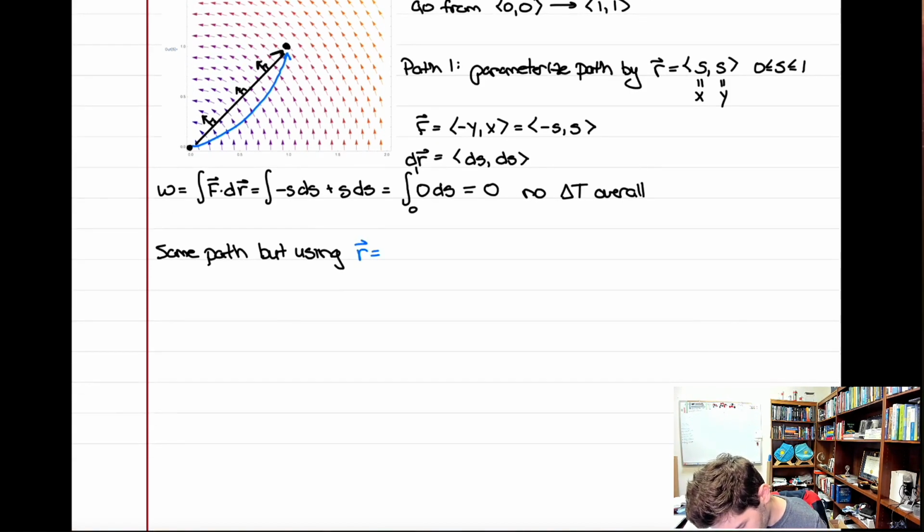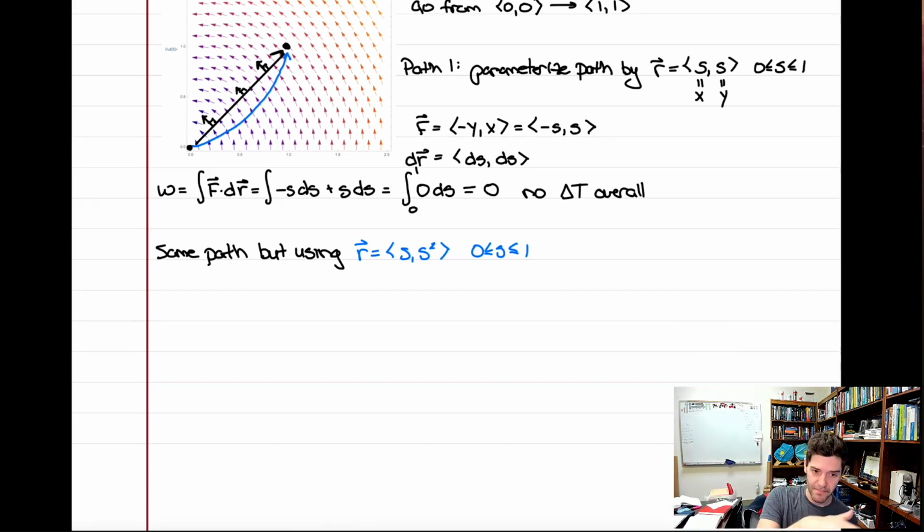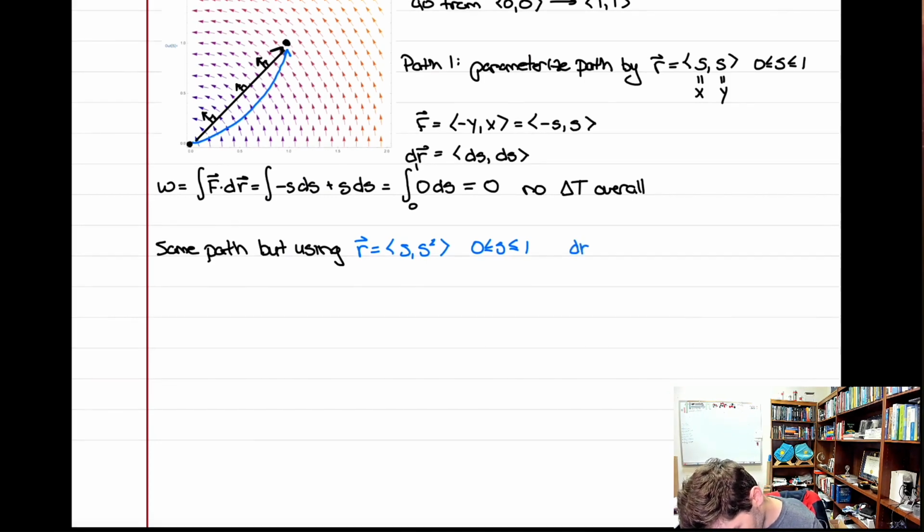So in this case, the path I might use might be something like (s, s squared), again, with s going between 0 and 1. If you plot that parametric path, that would start you at 0, 0. You would end up at 1, 1. That would take you from the start to the end point. dr in this case looks like it's then just ds, 2s ds.